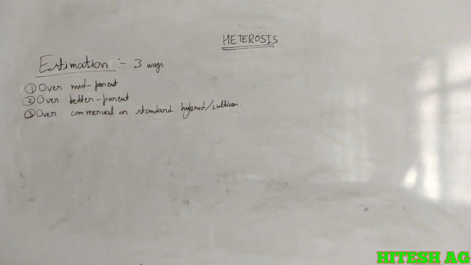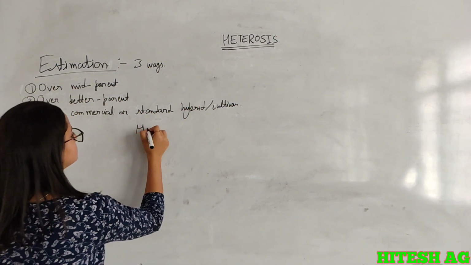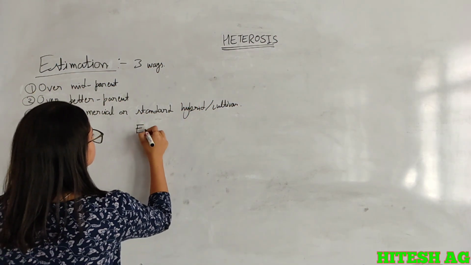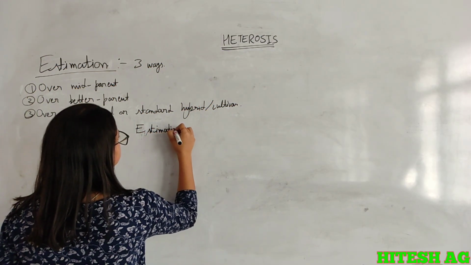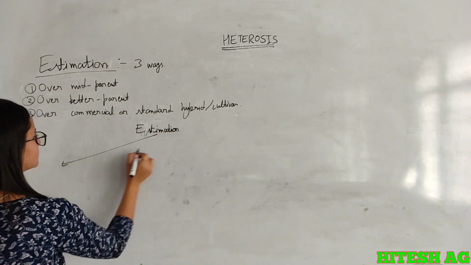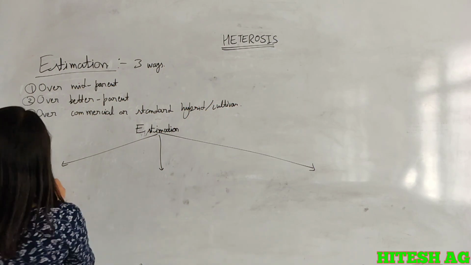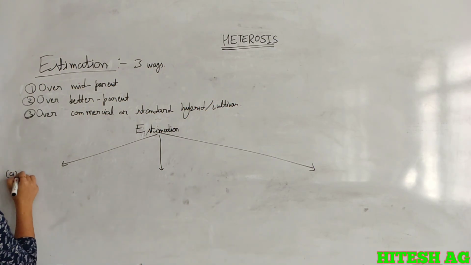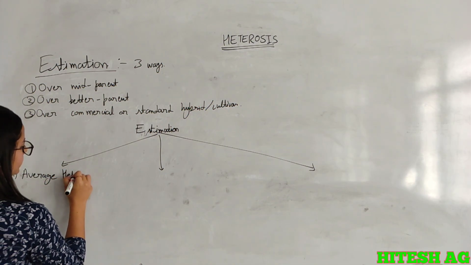On the basis of its estimation, heterosis can be divided into three types. First one is average heterosis.